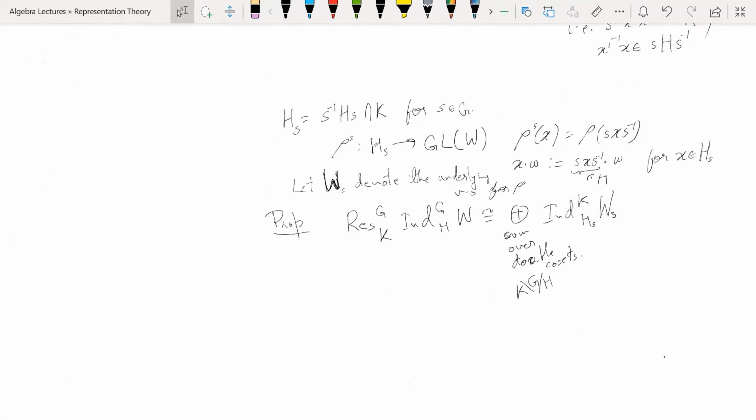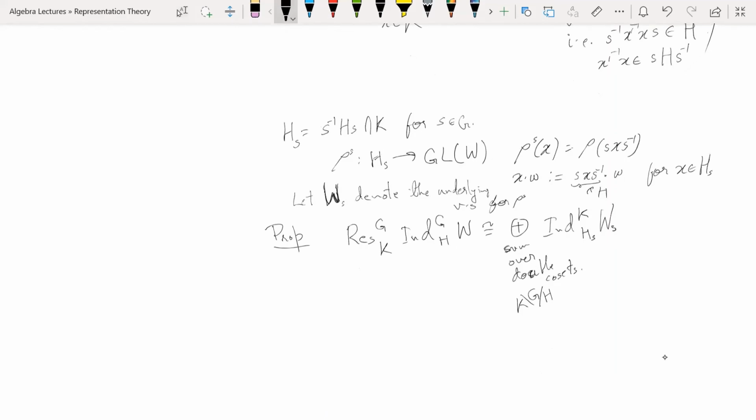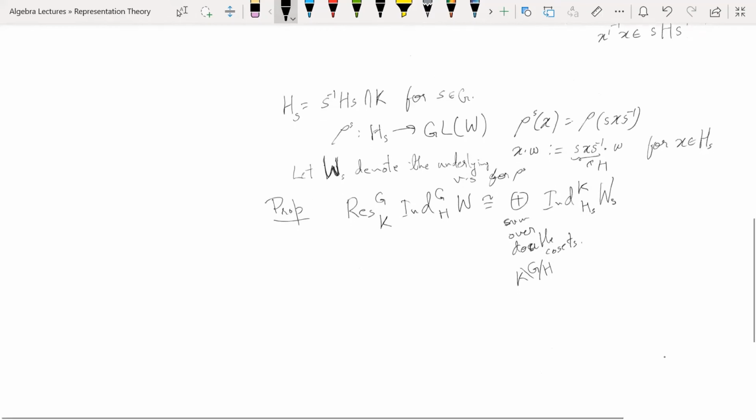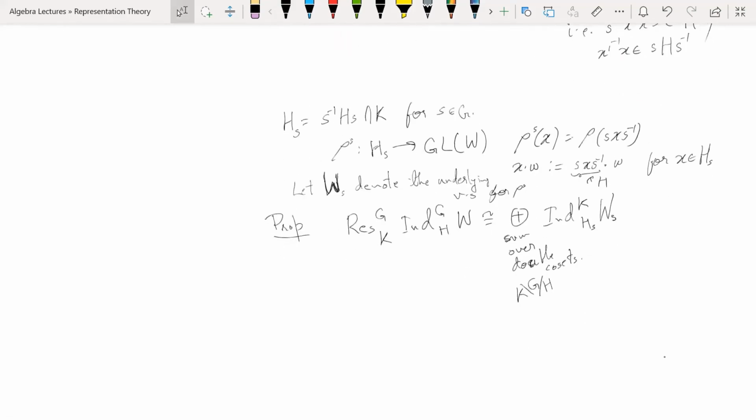You induce this representation of H_S to K, so you get a K representation, and you take the direct sum of all these K representations over various double coset representatives. Up to isomorphism this depends only on the double coset. So I'll use representatives, summing over all double cosets.